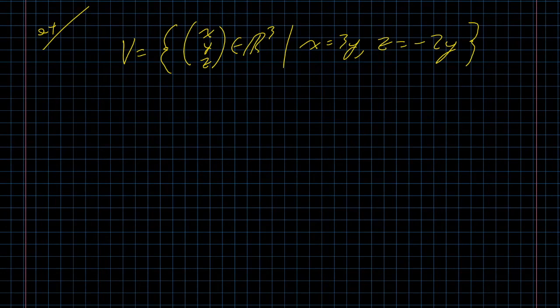And then we have the two conditions. x is equal to 3y, z is equal to negative 2y.